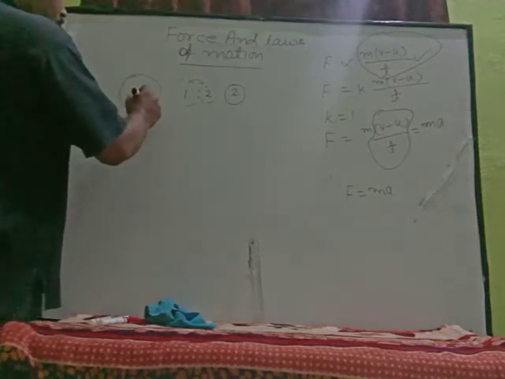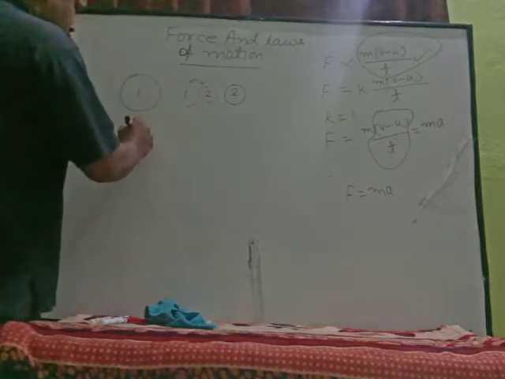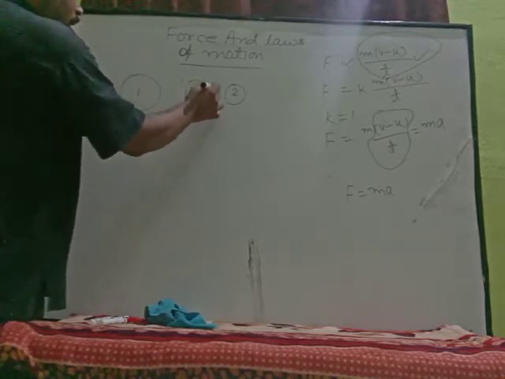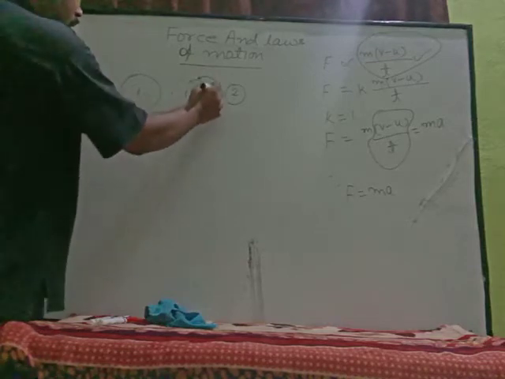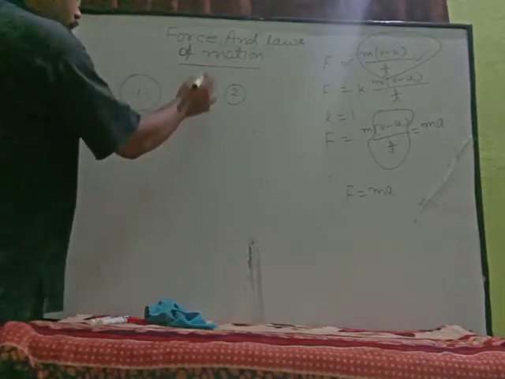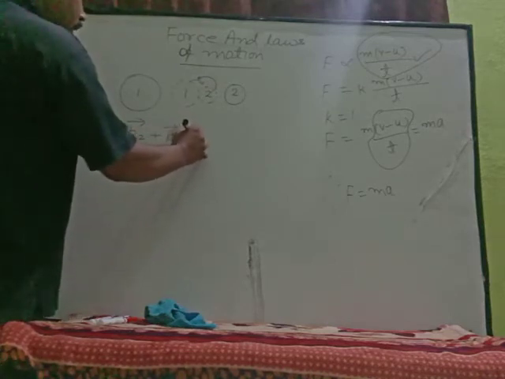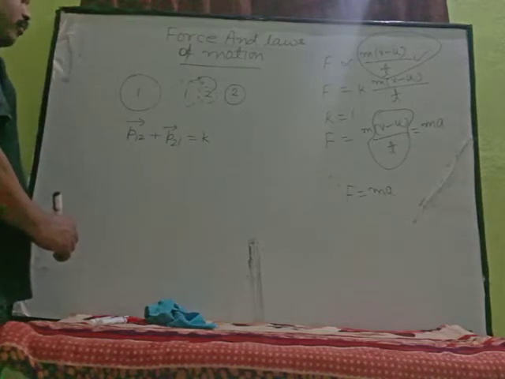Suppose the momentum exerted by body 1 on body 2 is P12. The momentum exerted by body 2 on body 1 is P21. It remains constant according to the law of conservation of momentum.